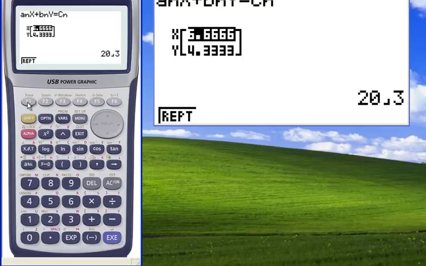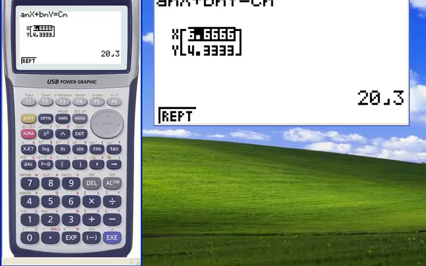So it's given us a relatively complex solution, but that's the answer. I think that's right because I remember having a quick look at the back of the book. 6 2/3, 4 1/3.